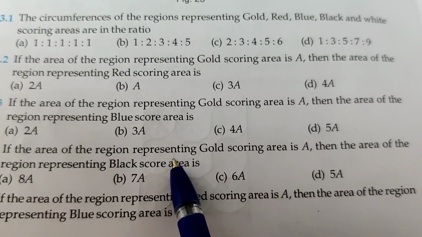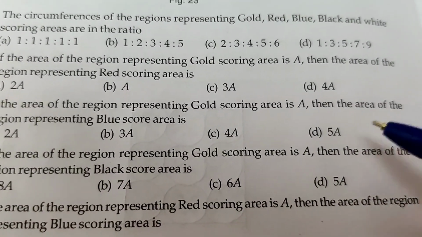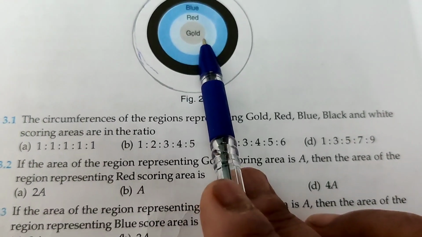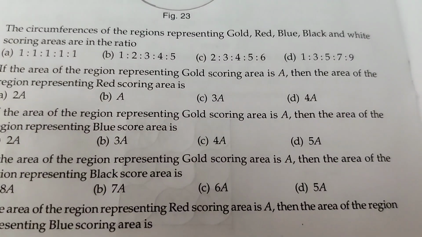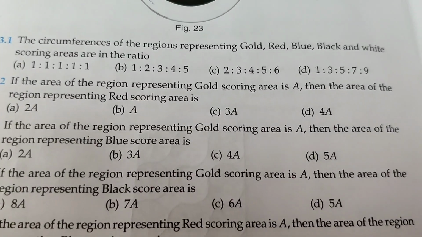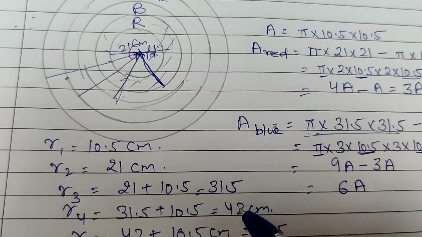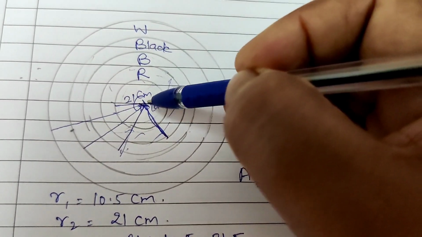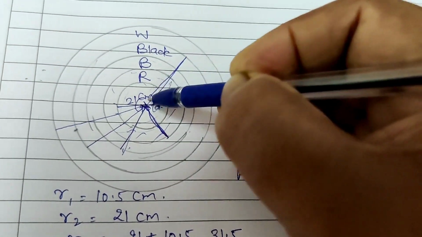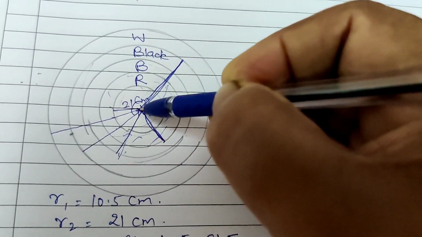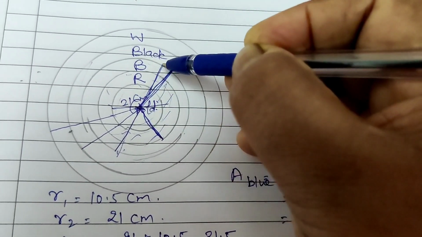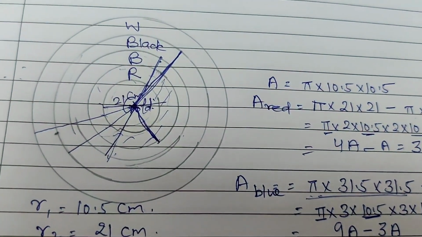The same condition, A equal to pi r square, pi into 10.5 into 10.5. Then calculate the area of black score. The radius for the black score is 42 centimeter. This radius is 42. Pi into 42 minus pi into 31.5 into 31.5.